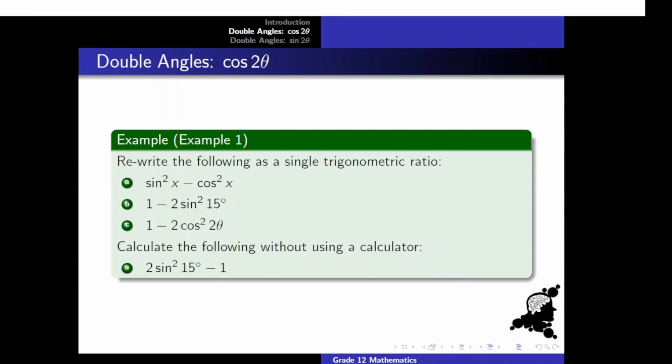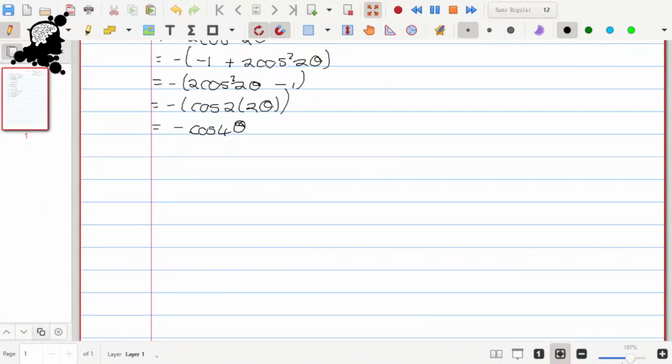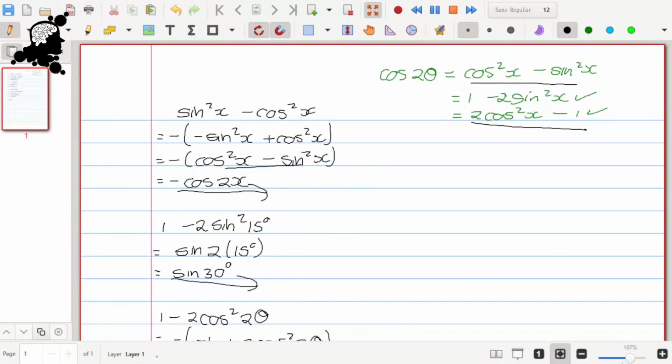Right, this question wants us to calculate the following without the use of a calculator. So we've got 2 sine squared 15 degrees minus 1. Let's go to our writing pad. When we go up to our identities, you will notice that the identity that has sine is this one right here.